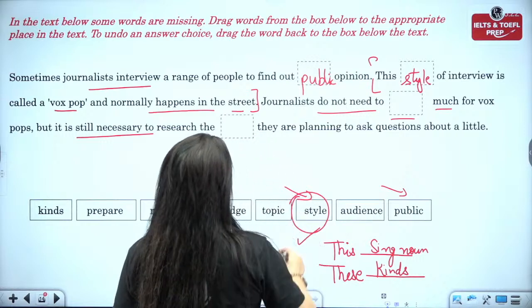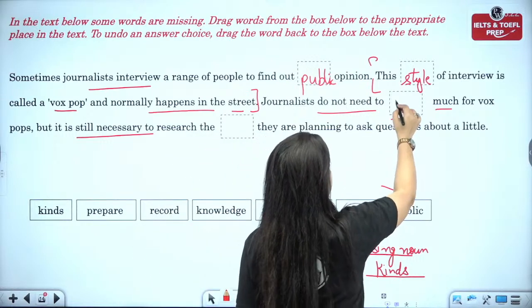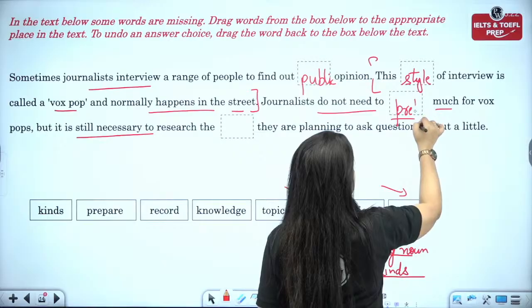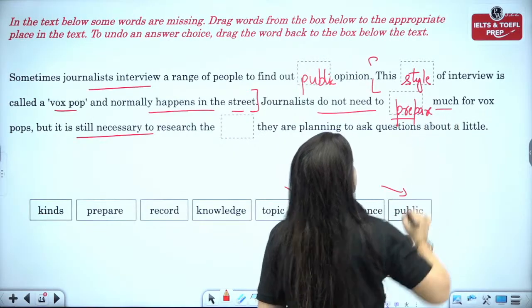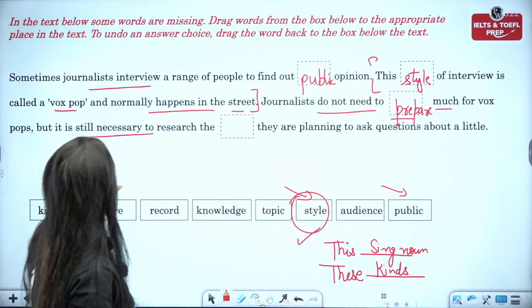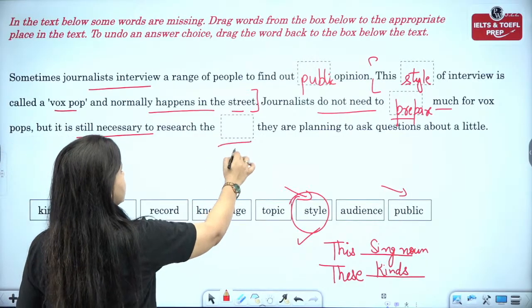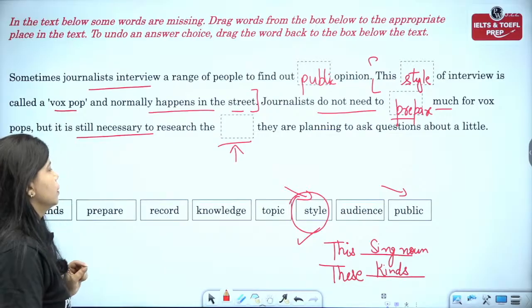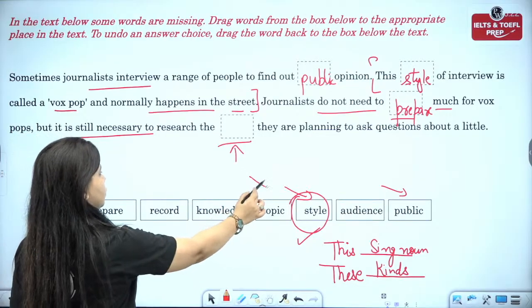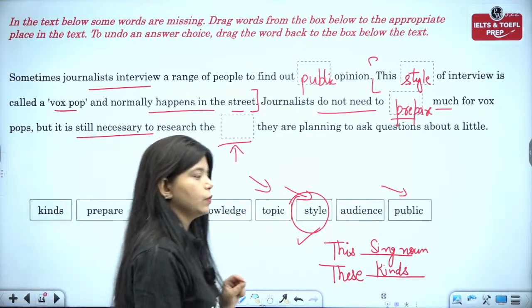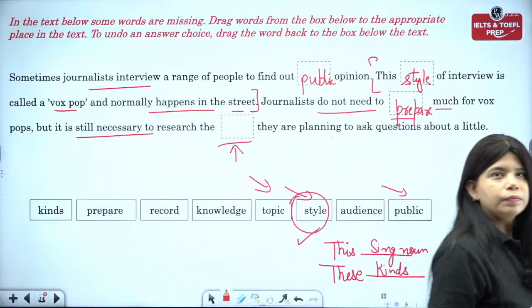Okay. So it says journalists do not need to prepare much for vox pop, but it is still necessary to research the dash. Research what? Research the topic or research the audience? Which one do you think is going here?